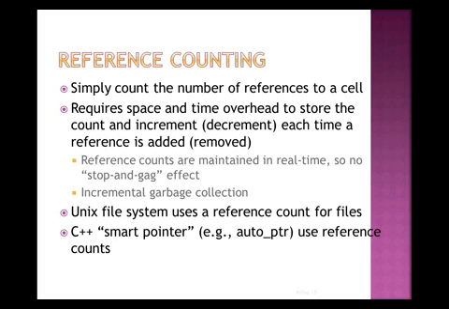Then we studied the GC techniques, that is the garbage collection techniques. One technique is reference counting. The next technique is tracing. Next is generational GC. So these are the three techniques that we studied in the last class.